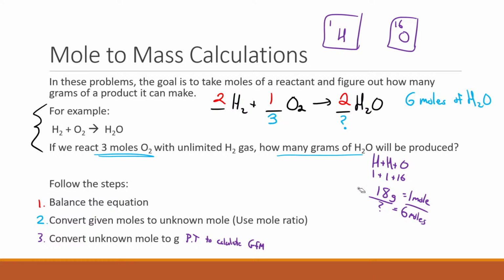And when I solve this proportion out, I am going to get my final answer, which is going to be 108 grams of water. All right, again, 18 over x equals 1 over 6. 18 over 108 equals 1 over 6. And that is my final answer.